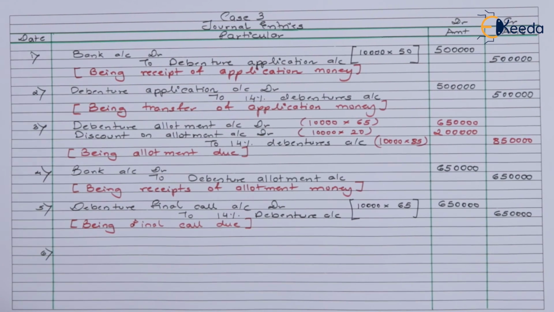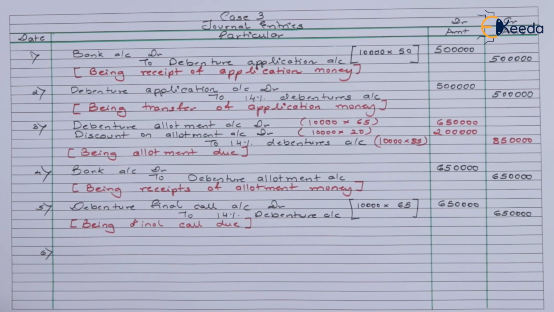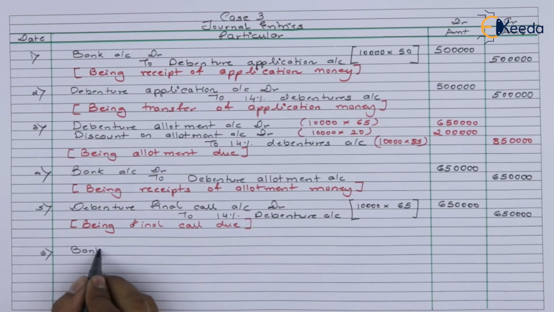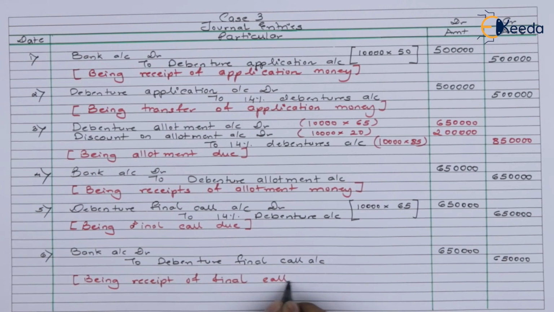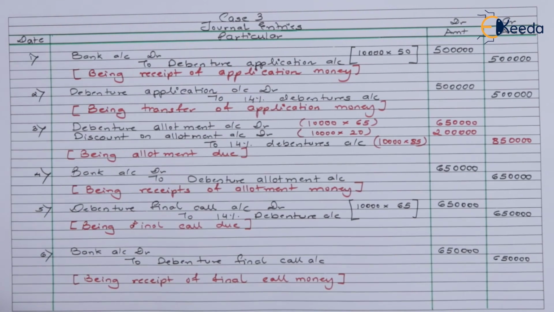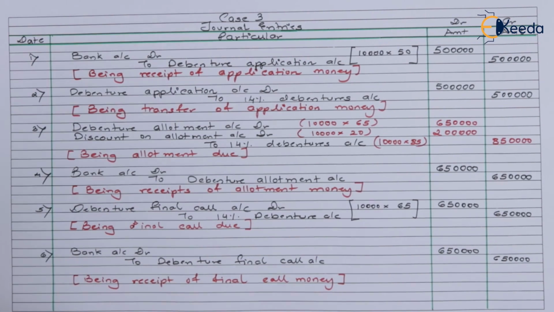So let's mention that, post which we'll go to the last part, that is balance sheet preparation. That refers to final call money receipt, that is bank account debit to 14% debenture final call money.